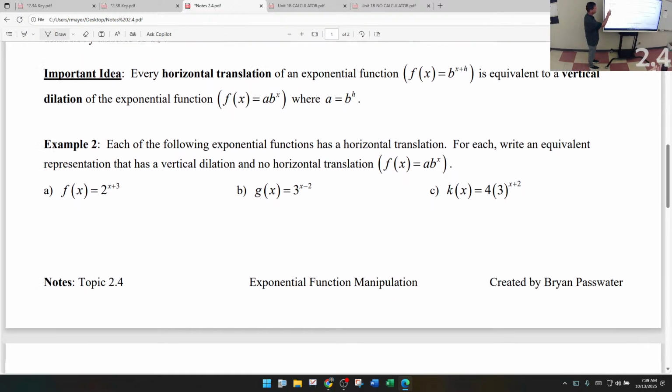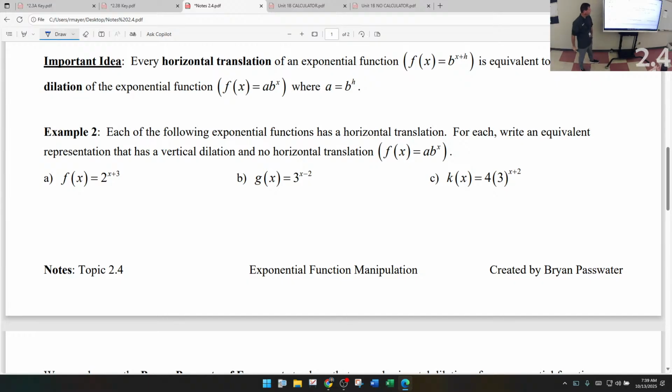So here's example number 2. Each of the following exponential functions has a horizontal translation. For each, rewrite an equivalent representation that has a vertical dilation and no horizontal translation. So that's kind of what they're going to say. You can see the difference between rewrite this so that x doesn't have anything with it.